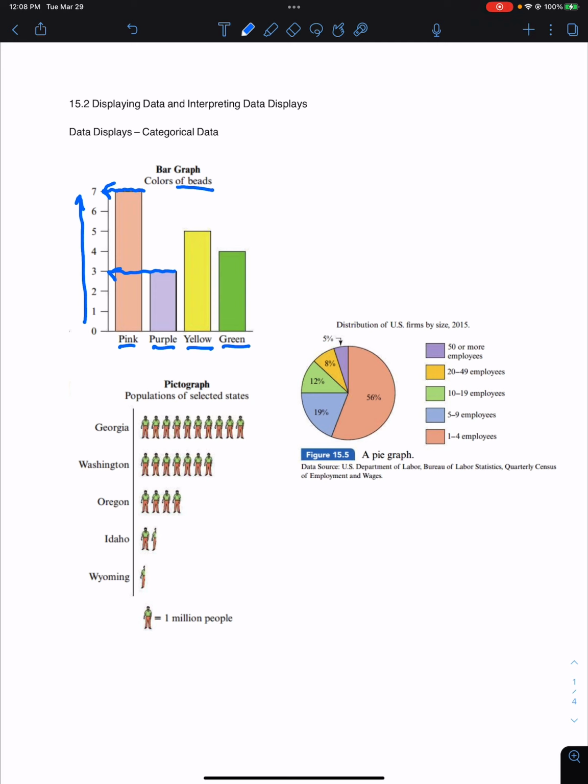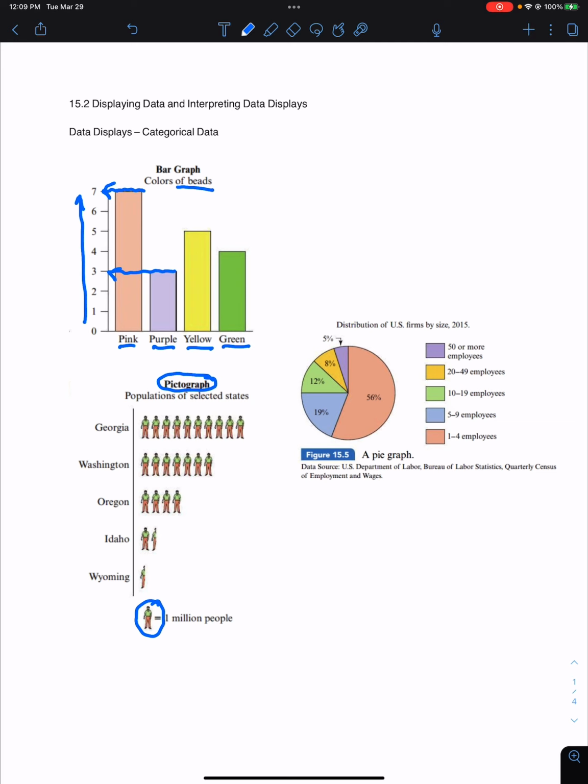So another way to show that we're counting things is by using a pictograph. A pictograph starts with the word picto, which is sort of like picture, and that's what a pictograph is. So here we have a key down here, and it says that every person here in this drawing, in this graph, represents 1 million people.